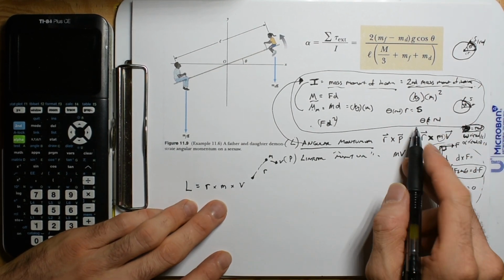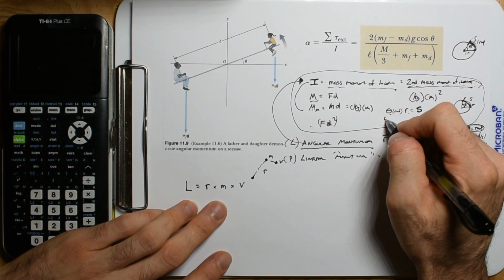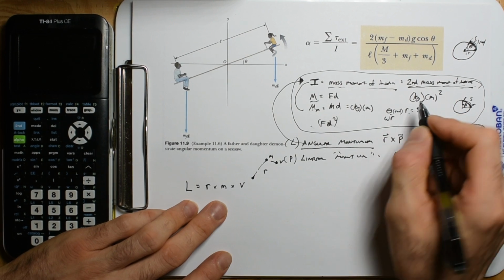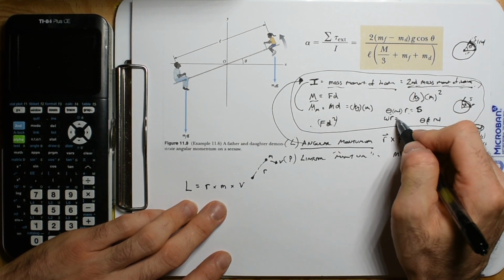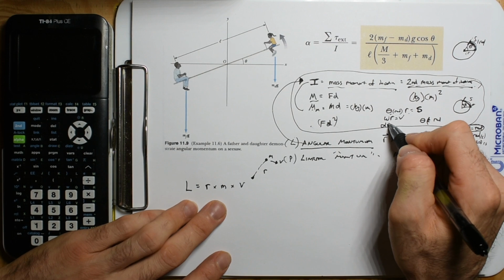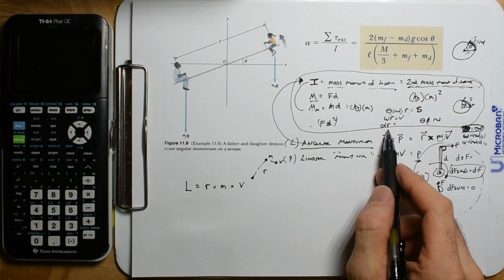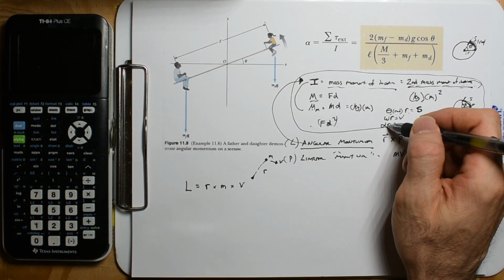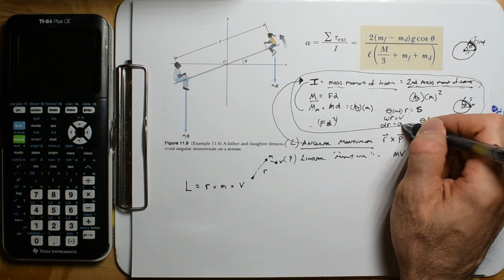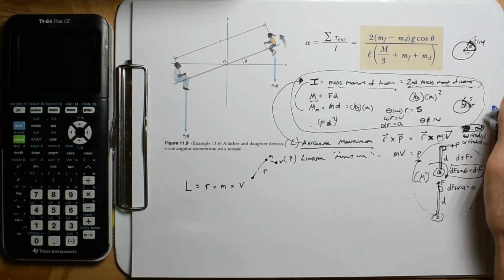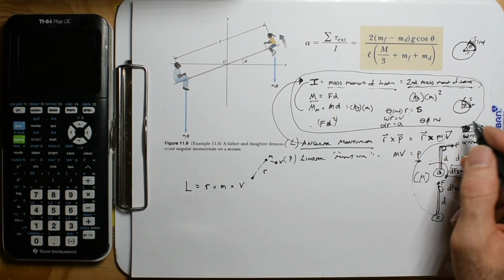So there you go, that's arc length. Radians times radius; omega times radius, so radians per second times radius, is velocity; and alpha, our angular acceleration, times radius is just acceleration in that direction.